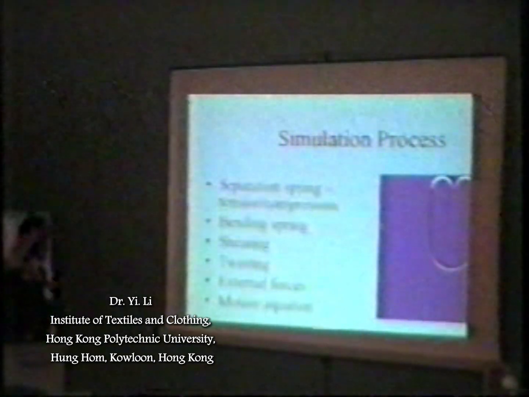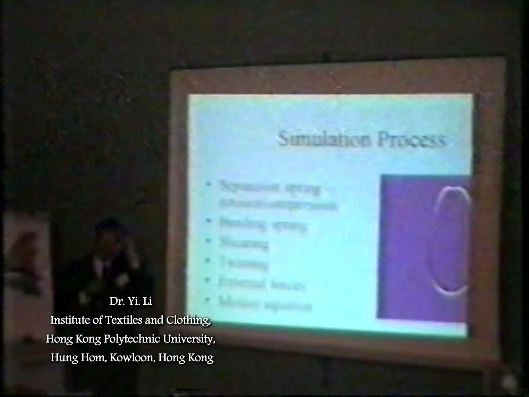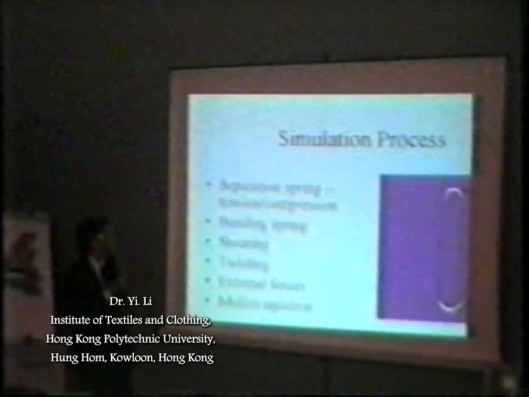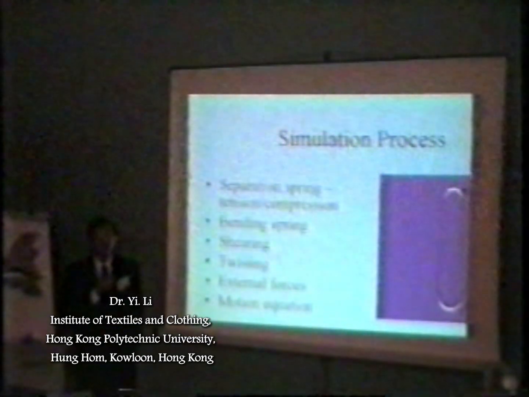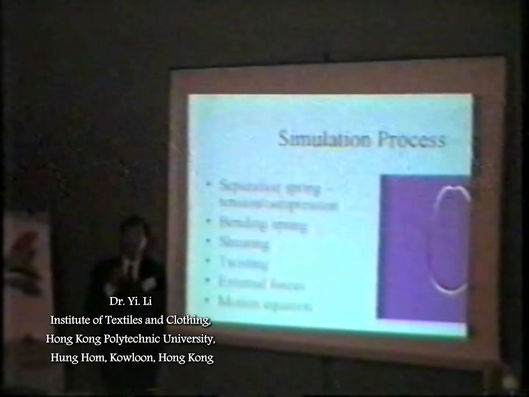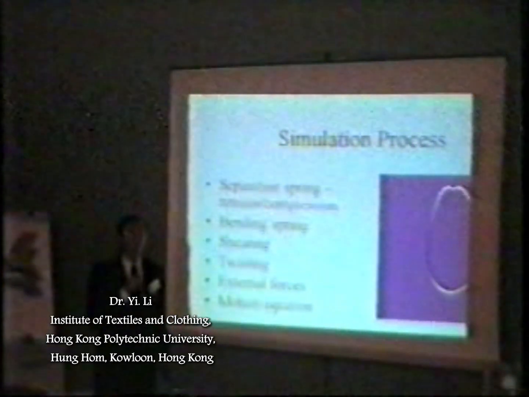So from this model, we use C++ to write a computer program to carry out the analysis. From the analysis, we simulate and validate these predictions by using two different experiments.